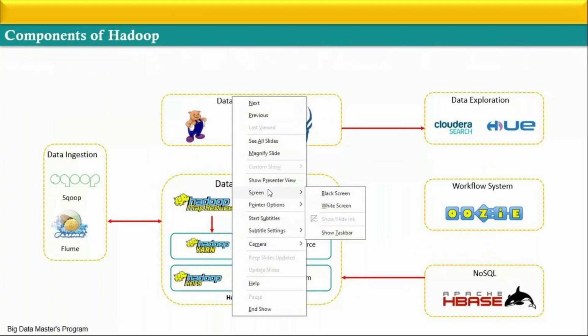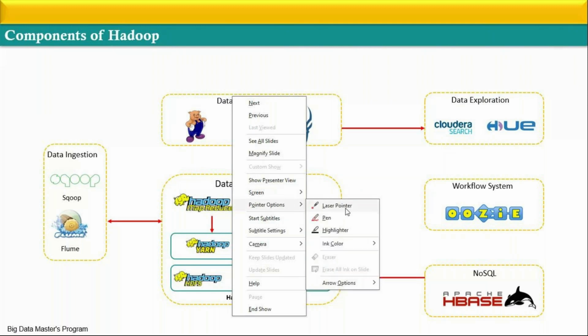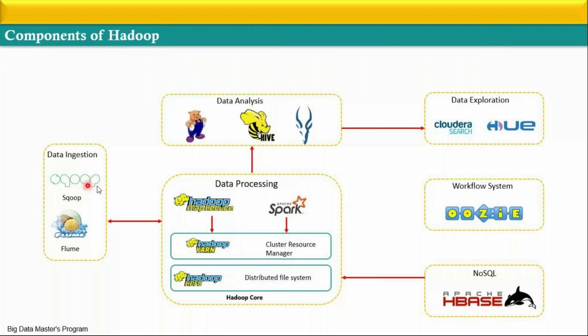This is the diagram of the Hadoop ecosystem. Inside this Hadoop ecosystem, we are able to see different components. Like this is one component, this is another component.